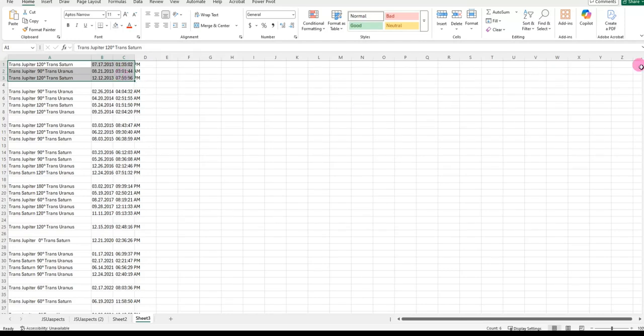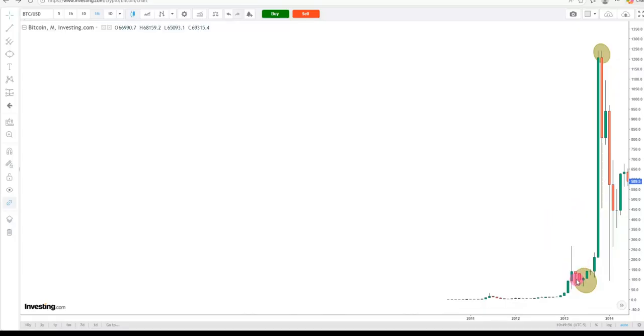Let's see what their effect was on the chart. Here's the 2013 time period. And you can see right here where this major low was in July.